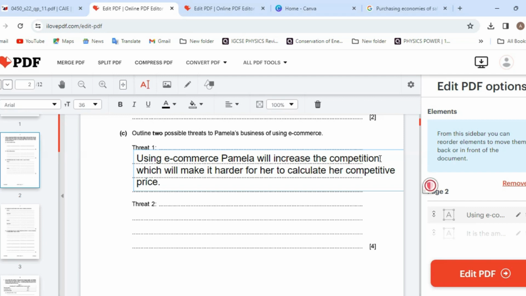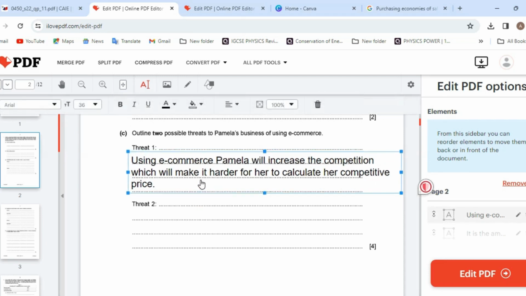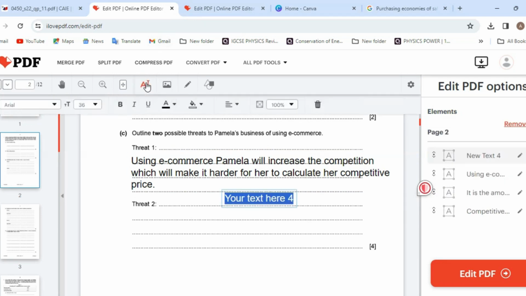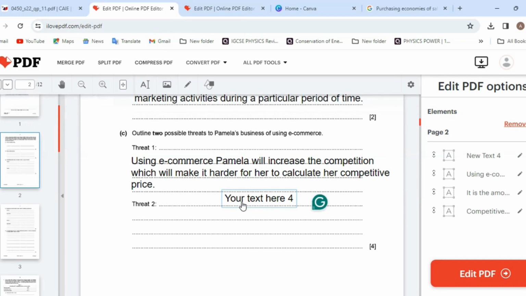The second one is unfamiliarity. It can also be a threat to Pamela's business using e-commerce. That is, when they don't know the business, customers are less likely to buy from the business.